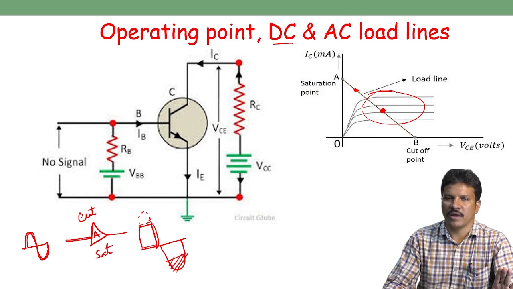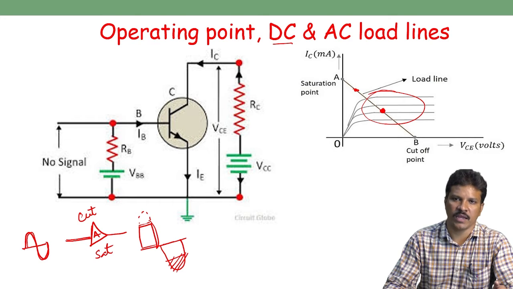And if you operate the transistor near cutoff or in the cutoff region, then some portion of the positive cycle is clipped off. So in order to get this signal completely amplified at the output of an amplifier, you must ensure that the circuit is operated in the active region only.